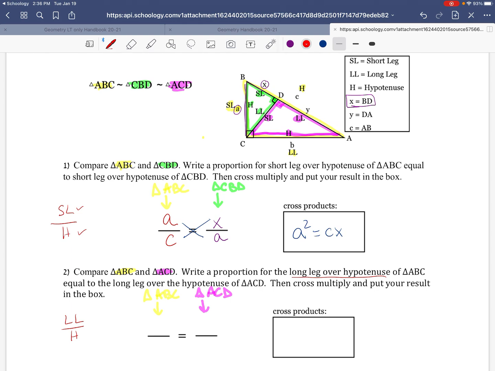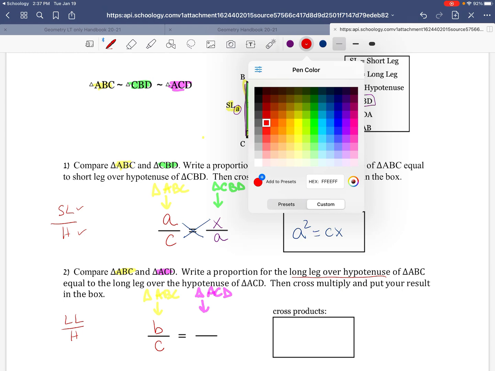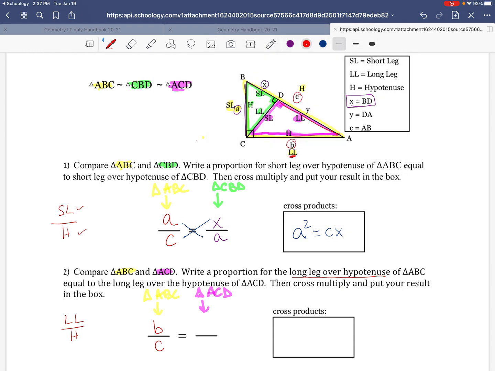In triangle ABC, the long leg is b, and the hypotenuse is c of the yellow triangle. Now I'm looking at the purple triangle, ACD, and the long leg for the purple triangle is this length of y right here, DA. So I put y over the hypotenuse, and the hypotenuse of that purple triangle is the length b.